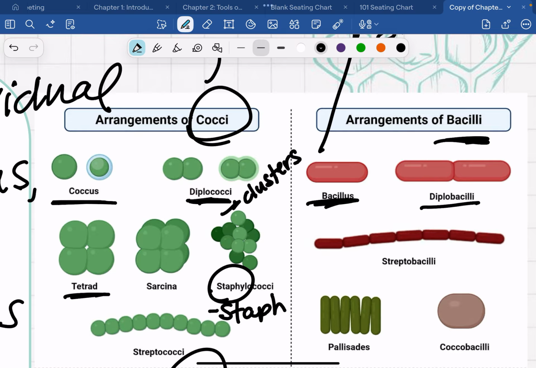And you'll probably recognize that name. Staphylococcus is a name that we have given bacteria that look like that. So Staphylococcus aureus was named that because its shape and arrangement is staphylococcus. So that should tell you how important the shape and the arrangement of the bacteria is, if they've named it after it, right? That's an important thing.